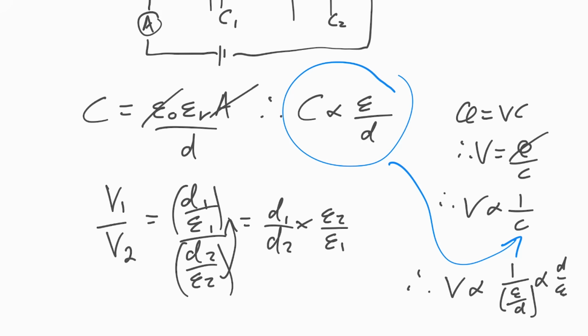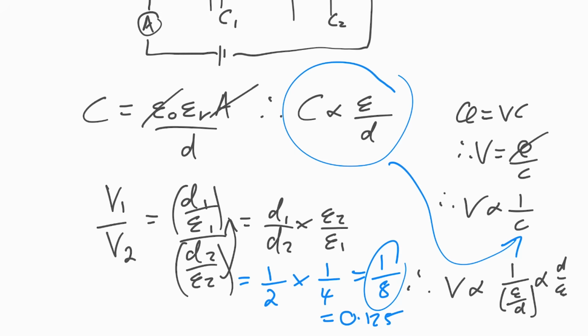D1 over D2, what's that? A half, yep, it's 1 over 2, and then that's going to be 1 over 4. So it ends up being an eighth, or in other words, 0.125. Not a super easy question, though.